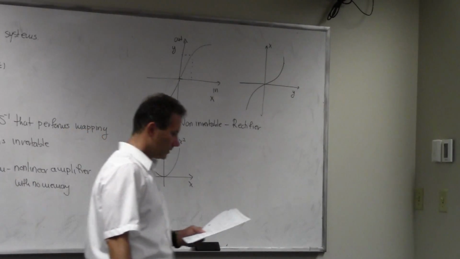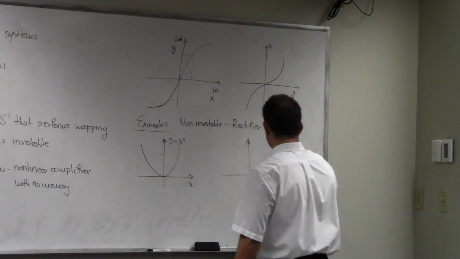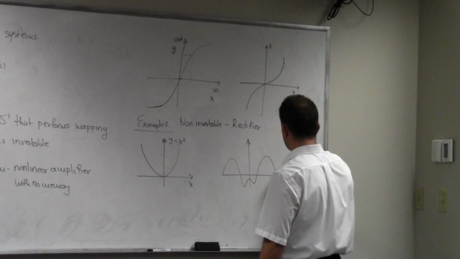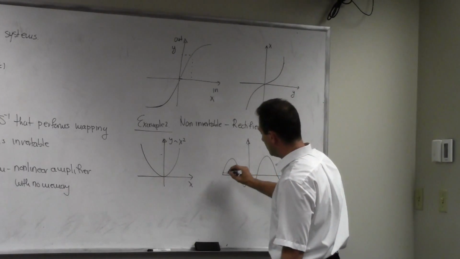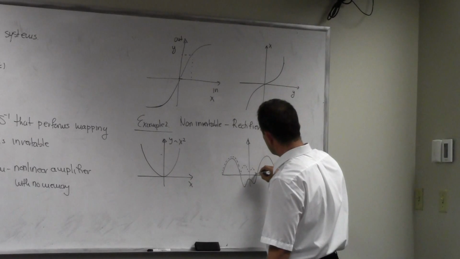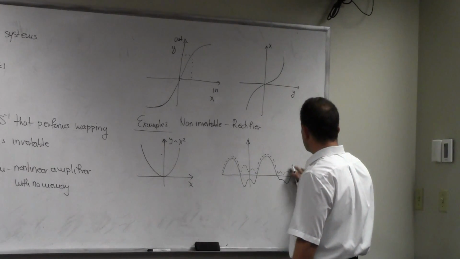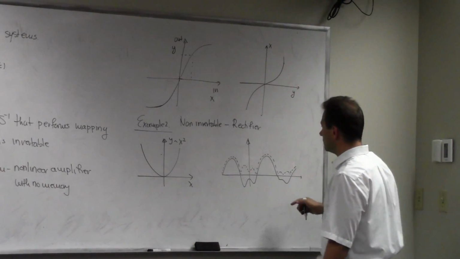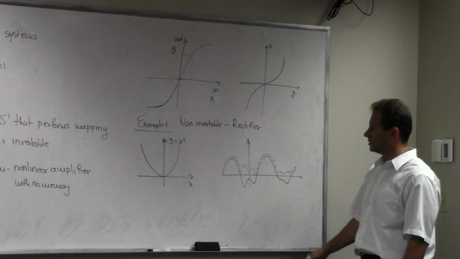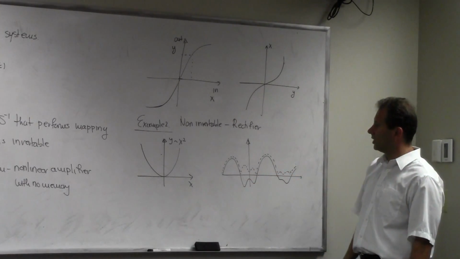So if you now present x of t, let's say this was my x of t, then the y of t would look like this. And there is really no mapping that, when you present y of t, would regenerate x of t, because the information that this was negative was completely lost.